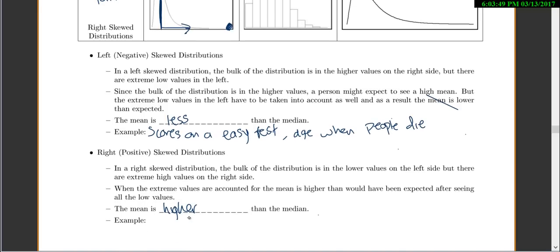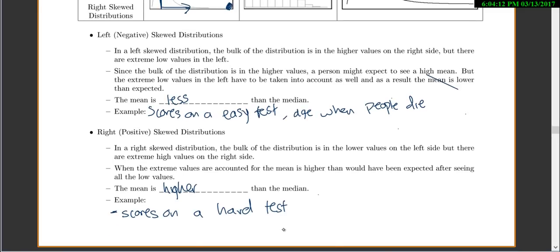But for some examples of a right skew distribution, we want lots of people to have low values. So these could be scores on a hard test. Most people do poorly, but a few people studied a lot and do really well.